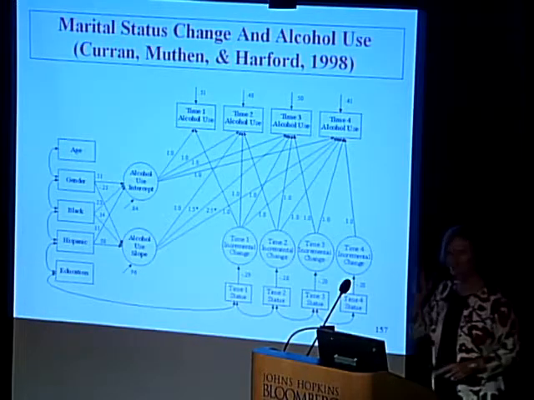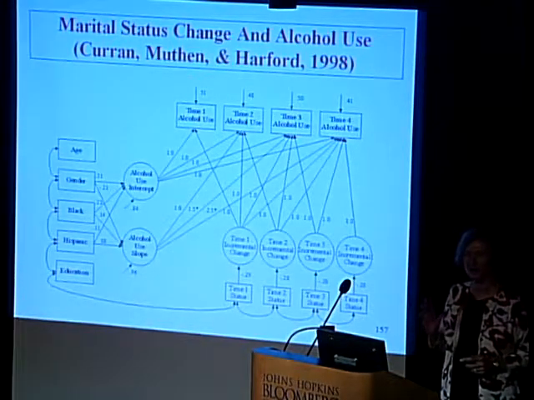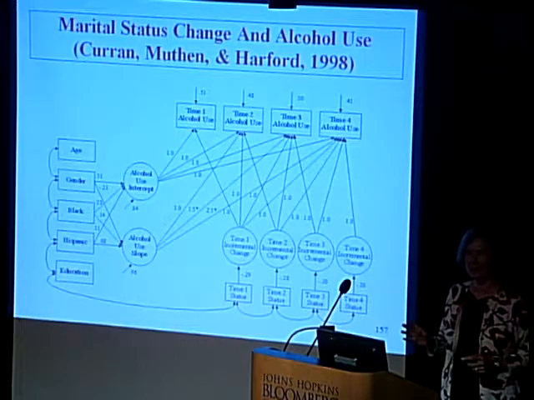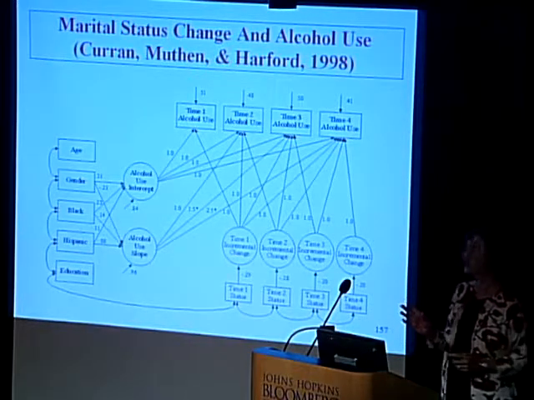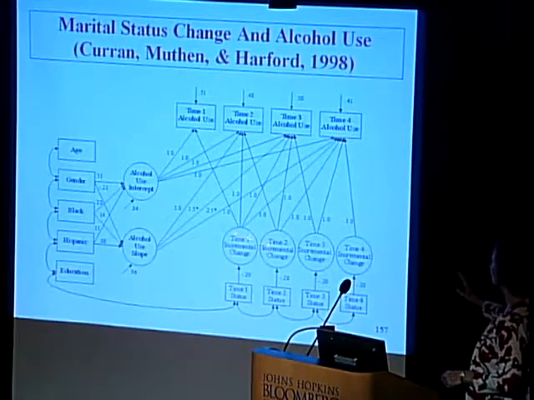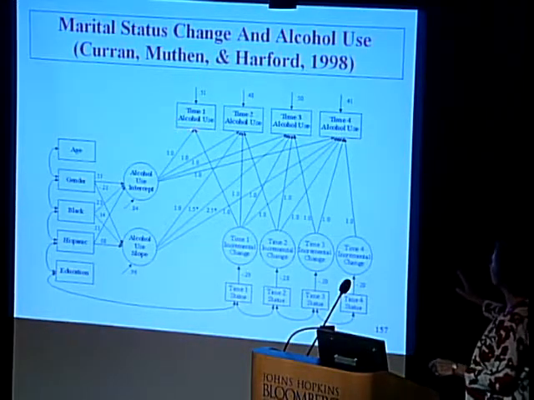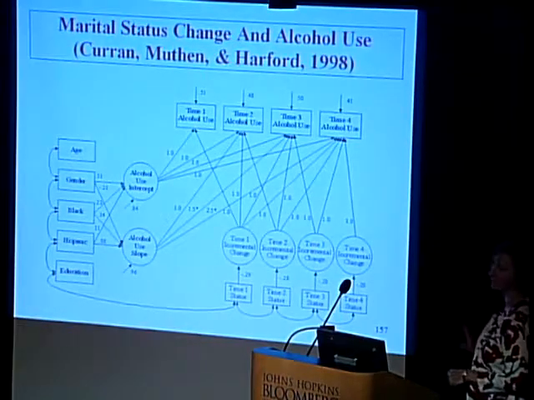So just to think about what we've learned today, everything's fixed at 1. And what does that mean? That means an intercept growth factor. So what we're doing is creating intercept growth factors. T1 is related to all of the time points, T2 the next 3, T3 the last 2, and T4 the last 1.